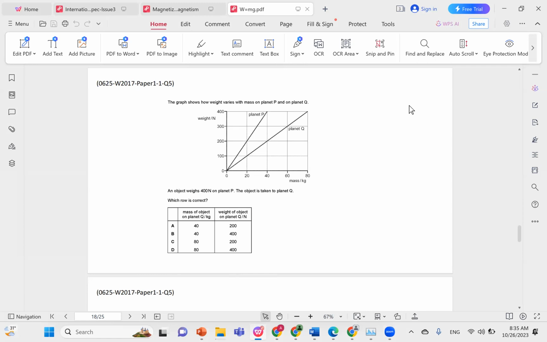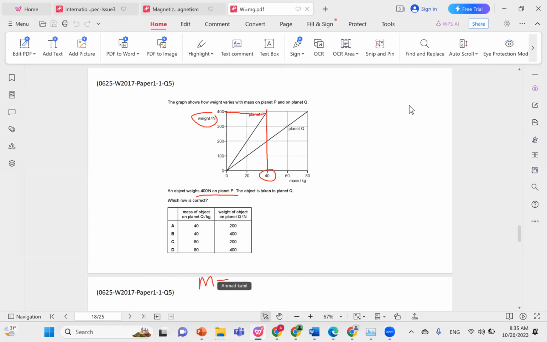Now, we have a graph that shows the relationship between mass and weight on the two planets, and we're given that the object weighs 400 newtons on planet P. So at the weight, which is at the y-axis, we look for 400 and we see where it intersects the graph. And we find that it intersects the graph at a mass of 40.